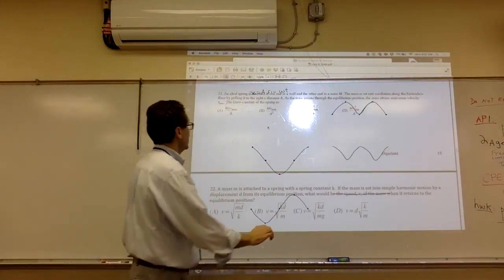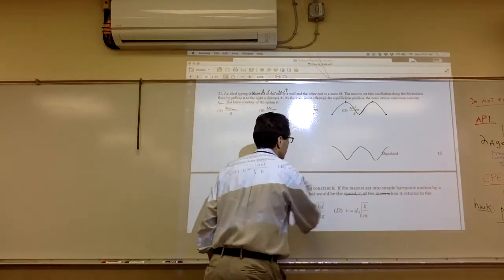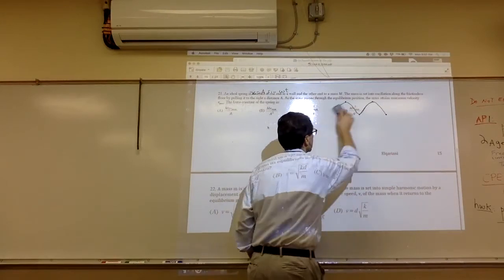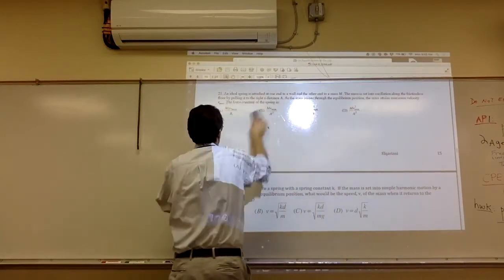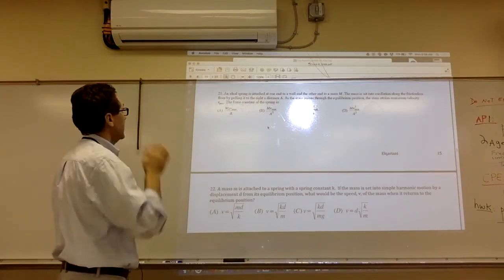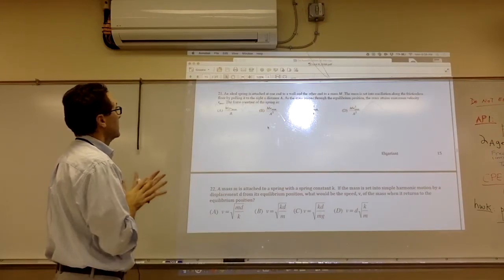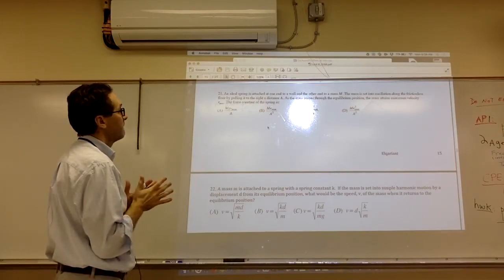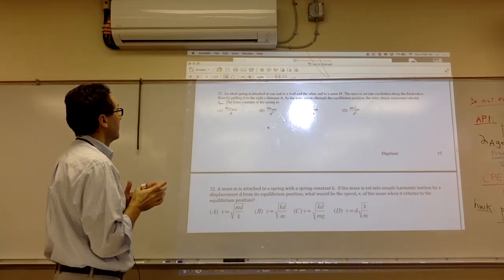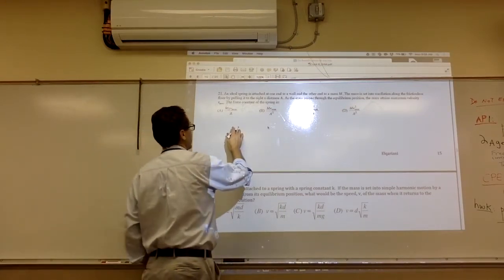Okay. For number 21, an ideal spring is attached to one end of a wall and the other end to a mass M. The mass is set into oscillation along a frictional force. So we're trying to find the k here.